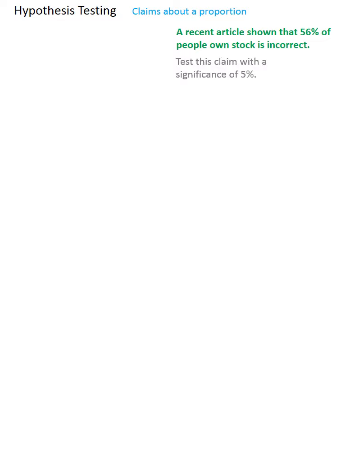And we want to test our claim, again with a significance of 5%. Claim significance percentages are not always 5, but it's a good number to use for my first two examples here. Again, it means if we find out that there's less than 5% chance of a false positive, we're going to assume that our claim has been supported by the evidence.